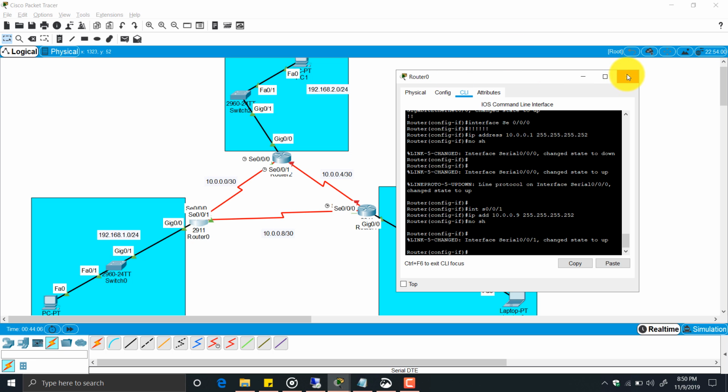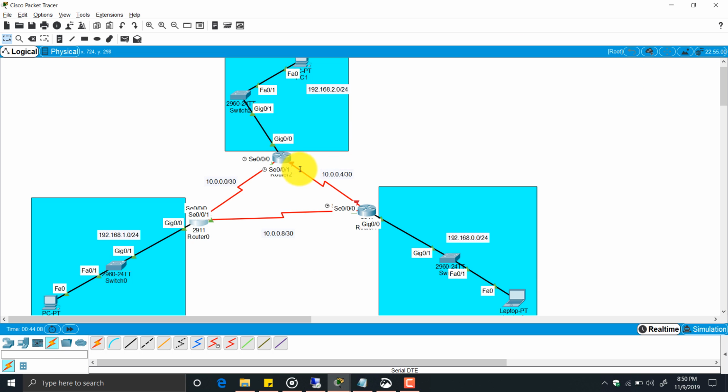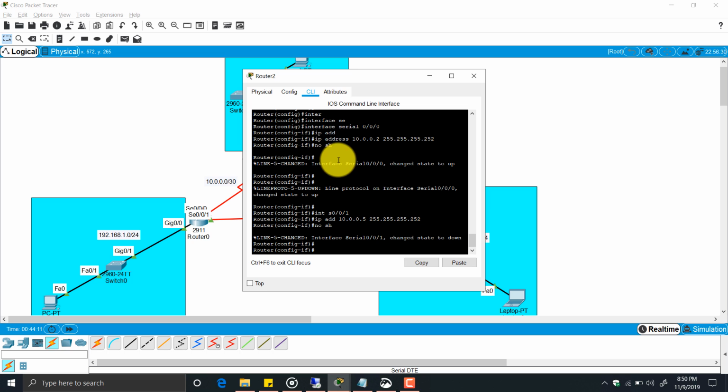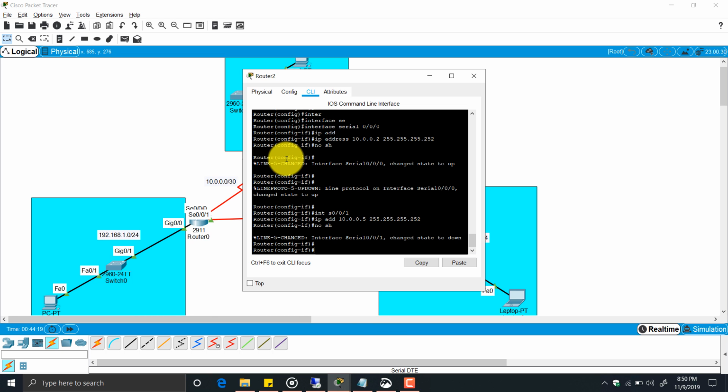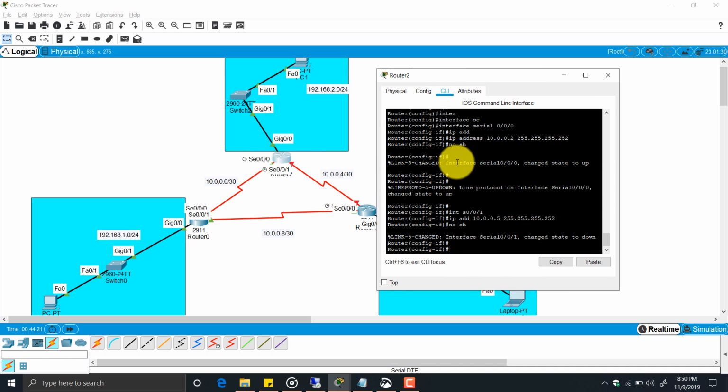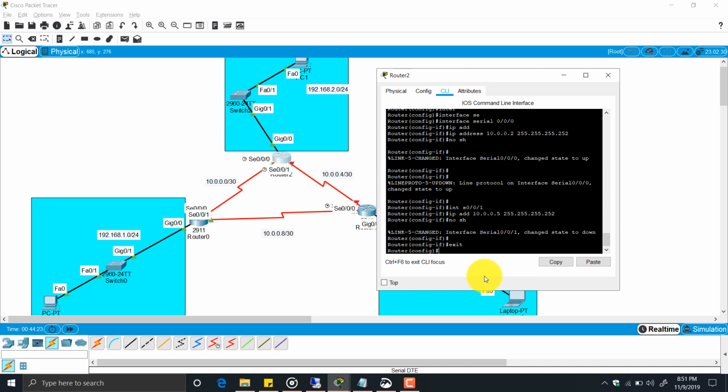Okay, so we can see that there's no connection between this router and this router. How I know that? Because the signal is red. It's still red.